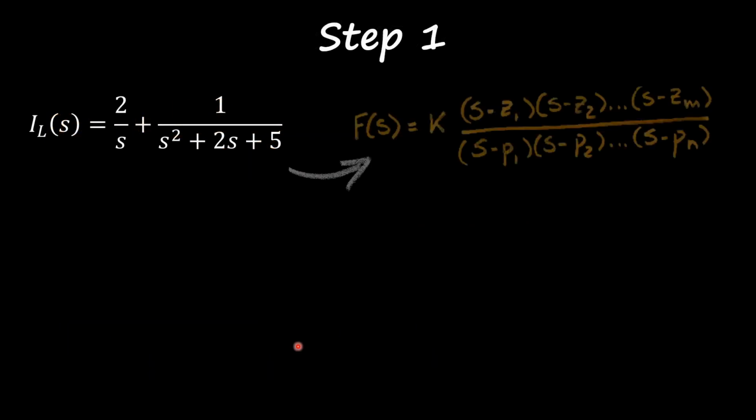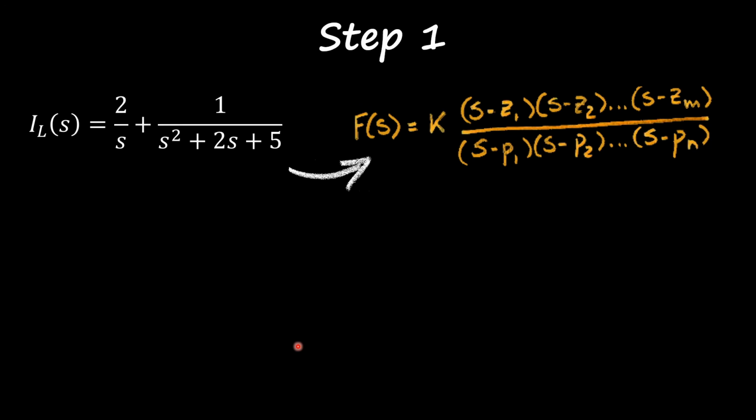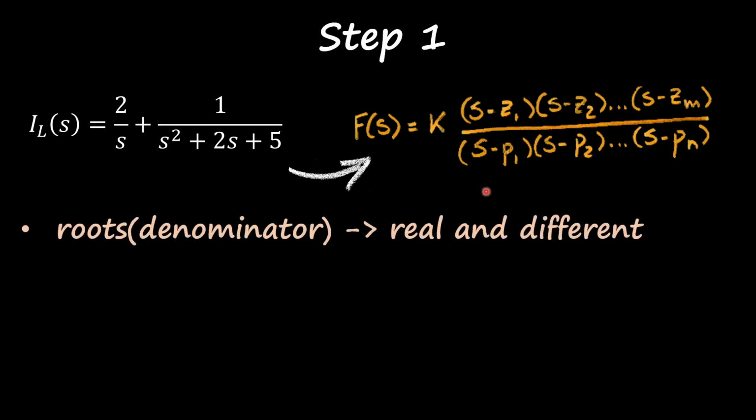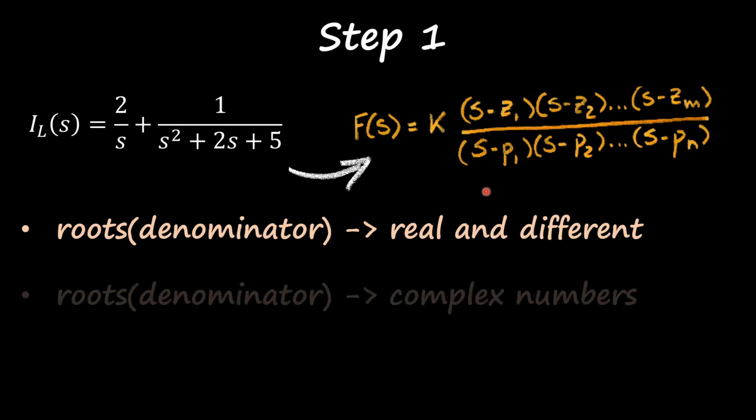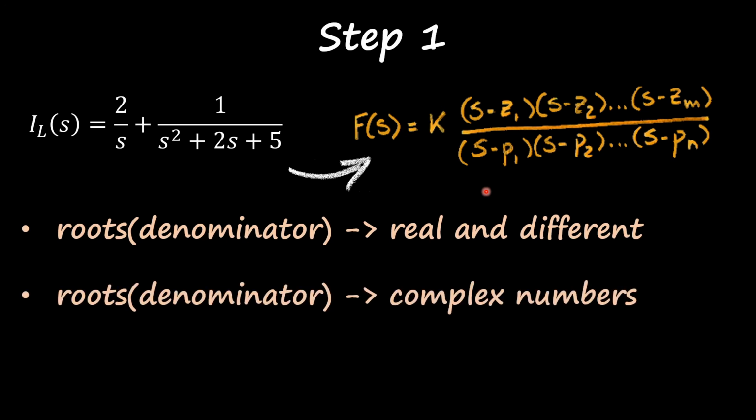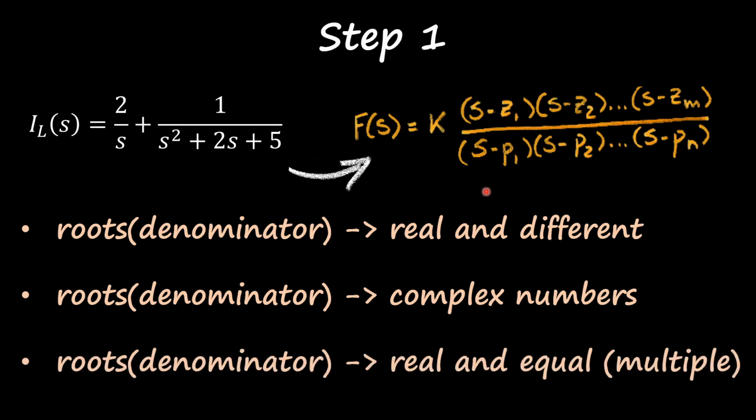Alright, so step number one is to find the roots of our equation. So if we have this equation over here, if we find the roots of the numerator and the denominator, then we're going to have the function in this fashion. But when we find the roots, we can have roots that are real and different, we can have roots that are complex numbers, or we can have roots that are real and equal, and we can have multiple of those.